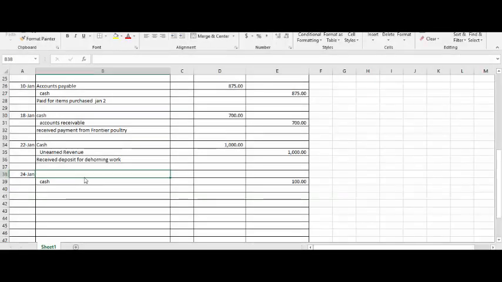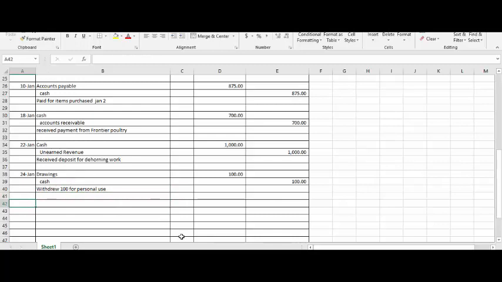So record that as a drawing that will eventually get closed into owner's equity. And withdrew 100 for personal use.